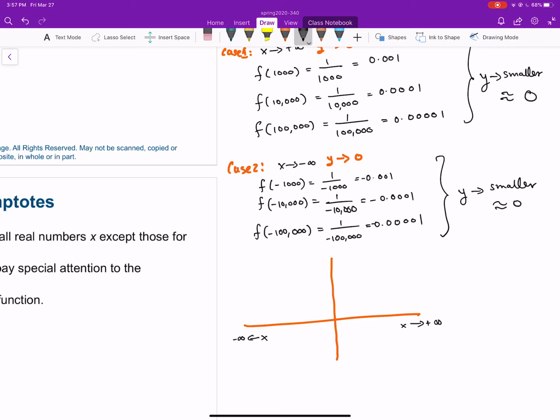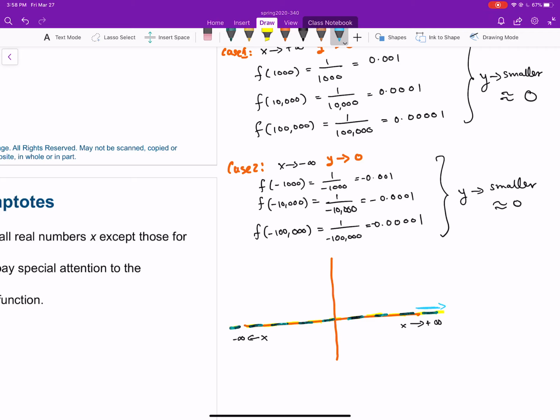So if this was the line 0, then as you sketch this graph, the y value looks like it's getting closer and closer.